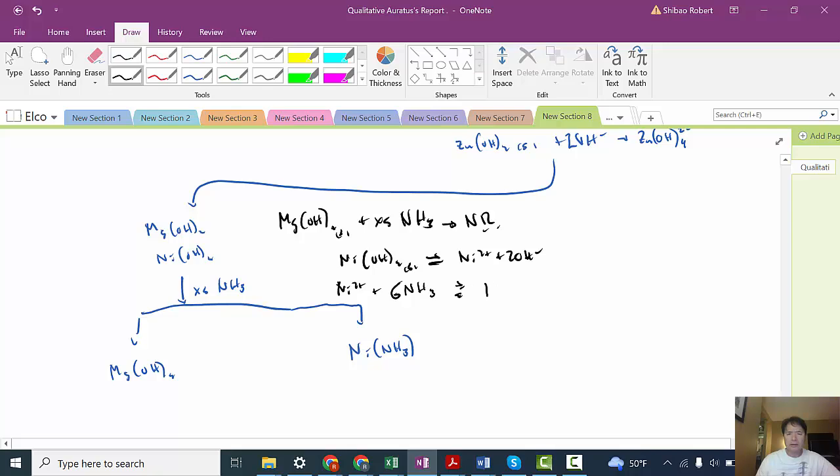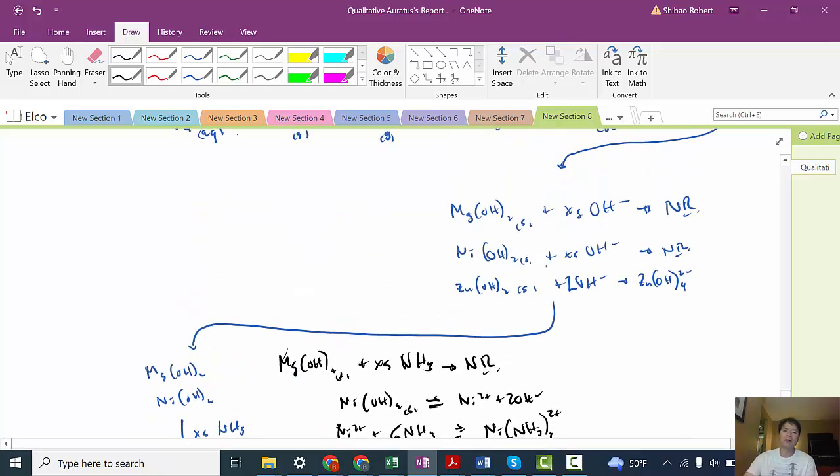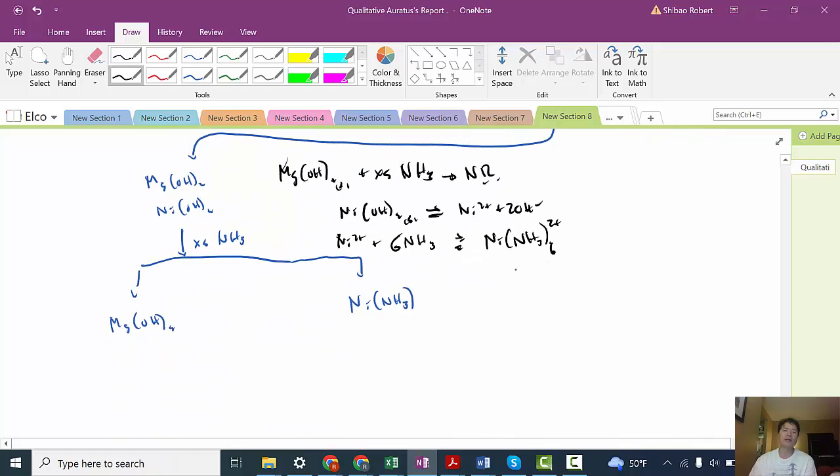Okay, and this is going to give us the hexamine nickel 2 ion here. And so they said add excess ammonia until you get a negative result for nickel. A positive result is this green precipitate that we formed in the previous step. A negative result is to get that green precipitate to disappear. So when you see the green precipitate completely disappear, that's a negative test result for nickel.